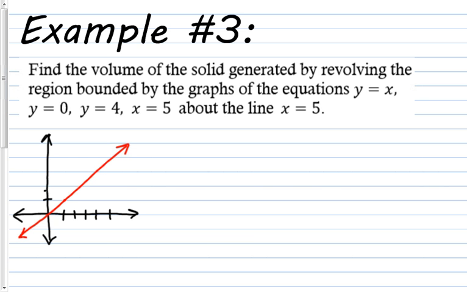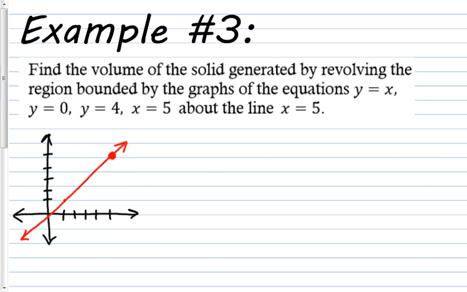And then 1, 2, 3, 4, 5. Okay, so this should be 5, 5. I'm a little off. But let's pretend that's 5, 5. Maybe I can adjust it. Okay, so there is my 5, 5.